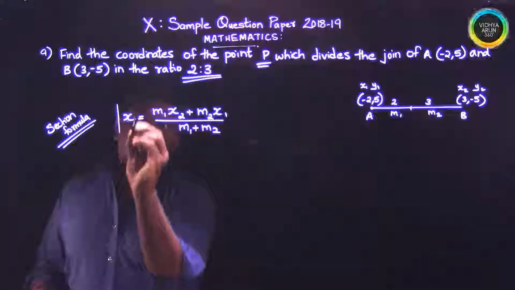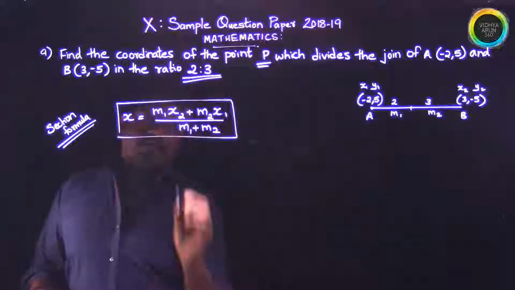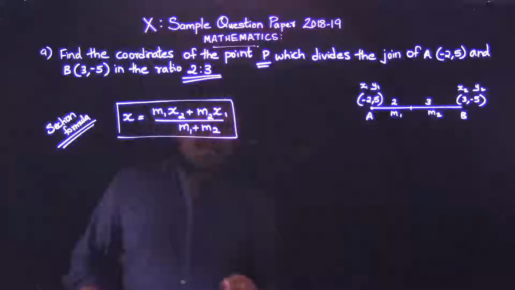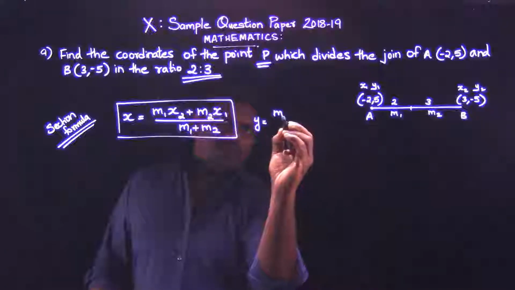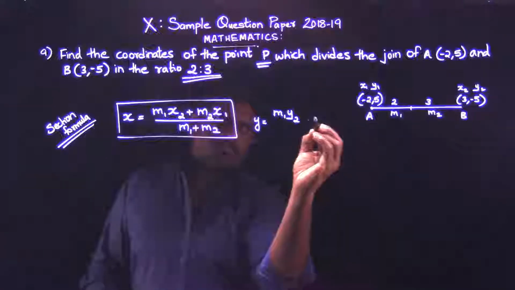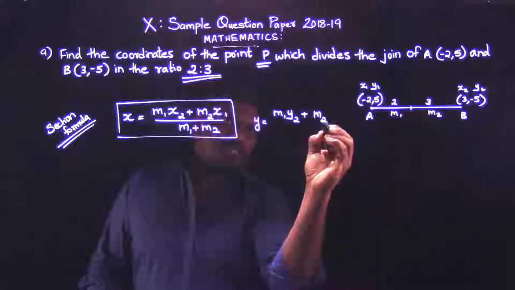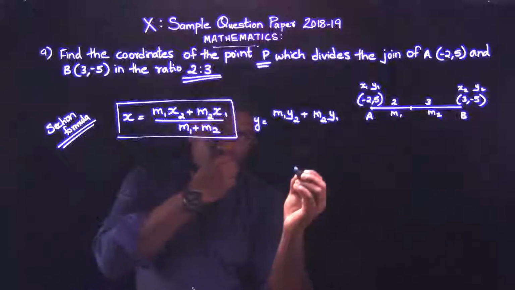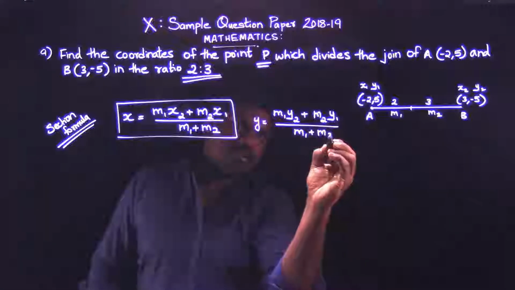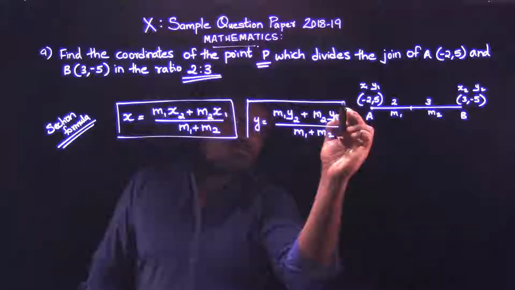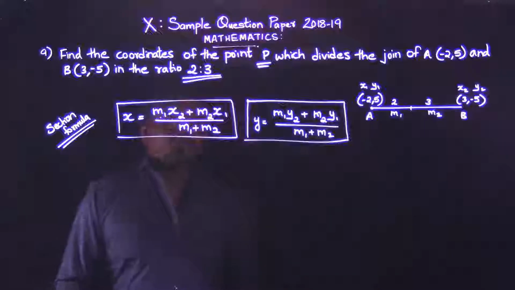So this is the section formula for finding the value of x. If I want to find the value of y, then m1 y2 plus m2 y1 by m1 plus m2. This is to find the value of y here.